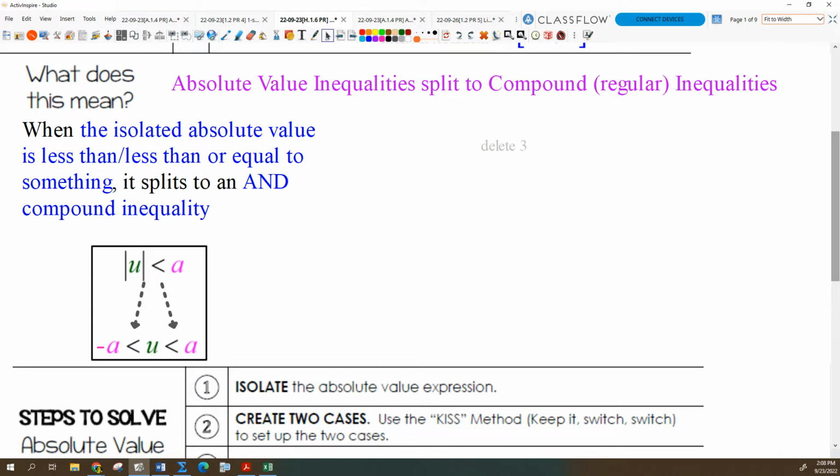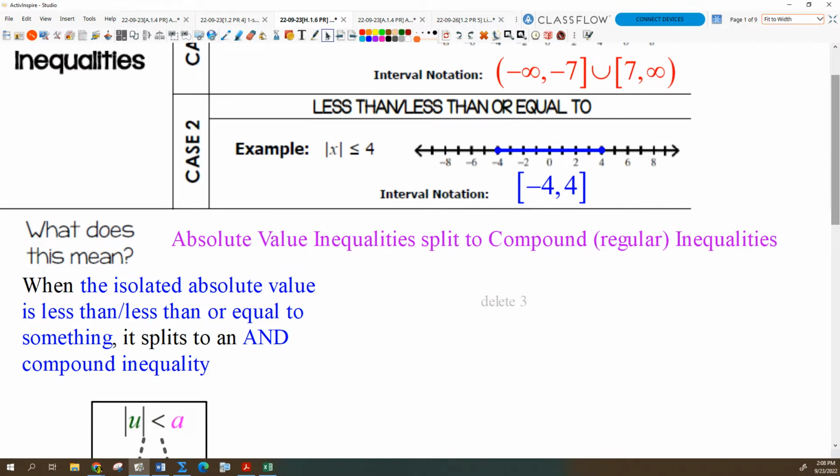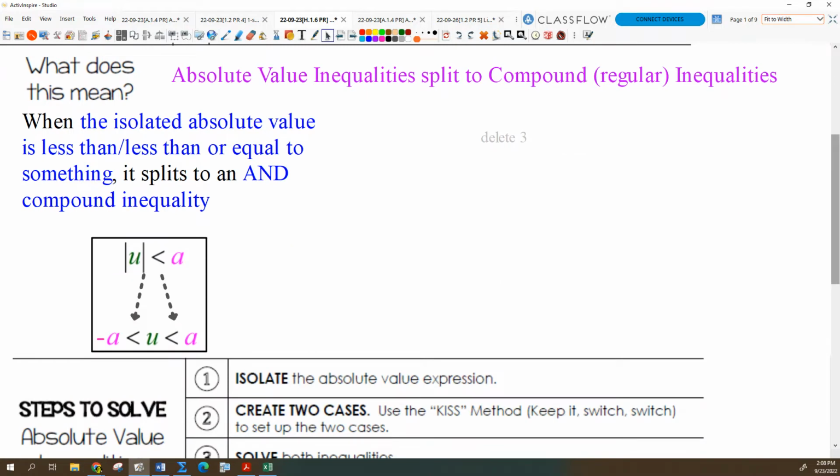Whatever's inside the absolute value is stuck in the middle, pinched between the negative number on the left and the positive number on the right. It's going to look like that. Agreed?